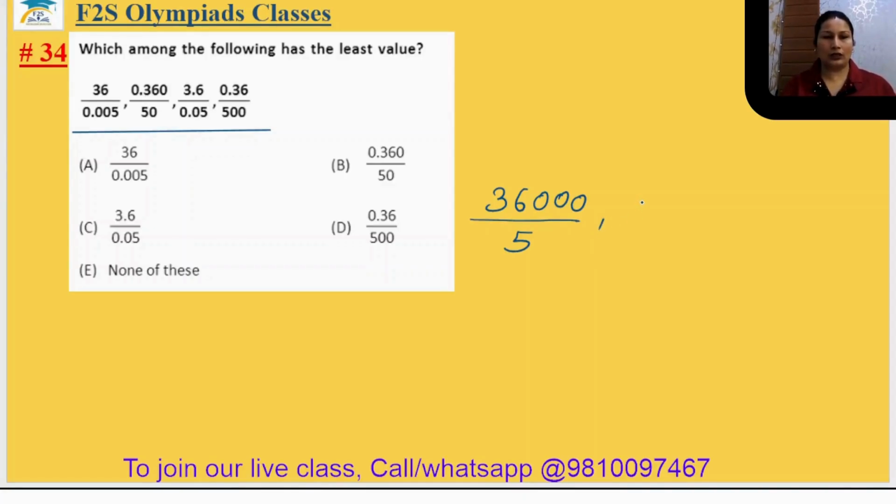Now I am removing the point from the numerator. So 360 upon 50 and 000 will be there. Okay. Now I am removing the point from numerator and denominator both. So 36 divided by 0, and it will be divided by 5.